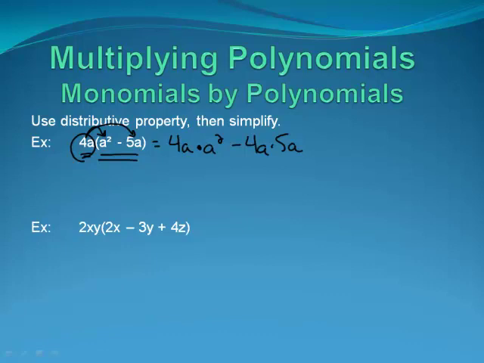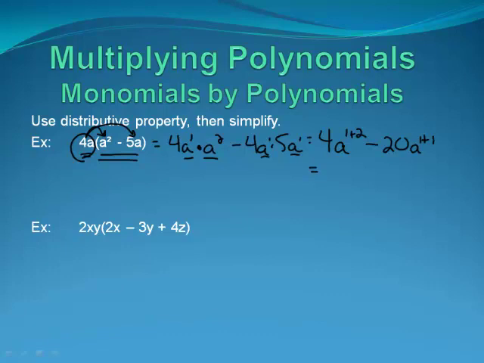Or if we clean that up, 4a times a squared is 4a to the 1 plus 2 power. Remember, when you have a like base, there's an understood 1 there. You add your exponents. Minus 4 times 5 is 20, and a times a, remember those are a to the firsts, so we've got a to the 1 plus 1 power.